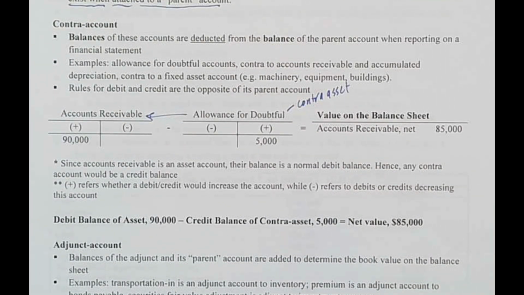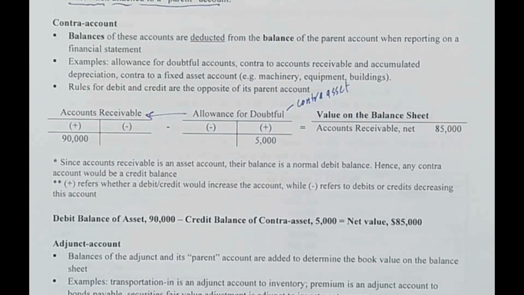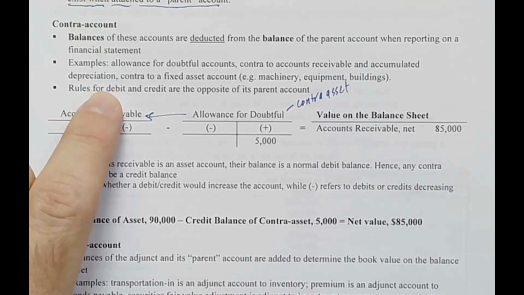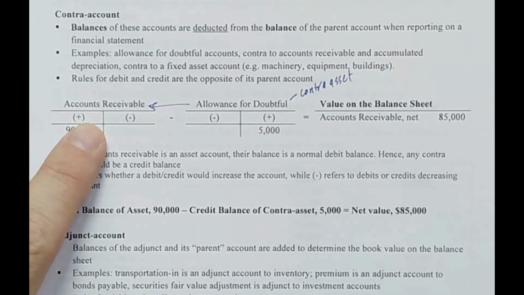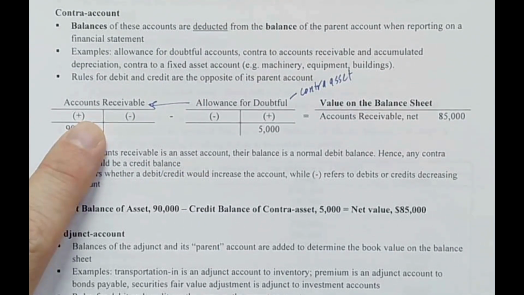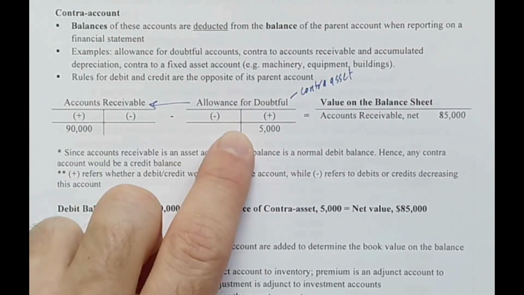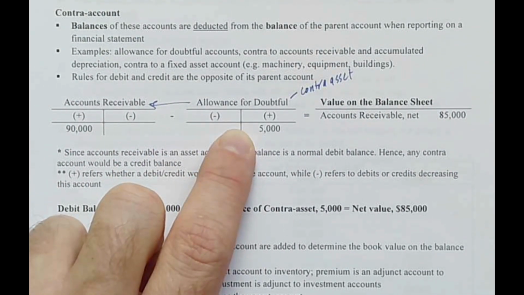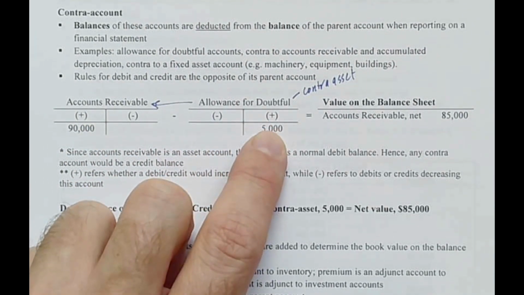One of the hallmark rules of a contra account is that the rules for debit and credit are opposite of its parent account. Here we have accounts receivable, a normal debit balance, and the allowance for doubtful accounts, a contra asset tied to accounts receivable, and the way we increase it is with a credit. So it's a normal credit balance account.